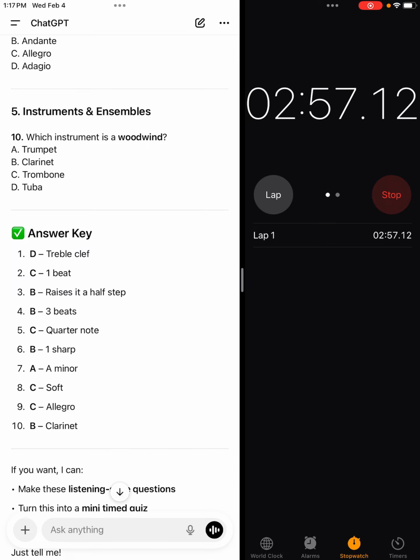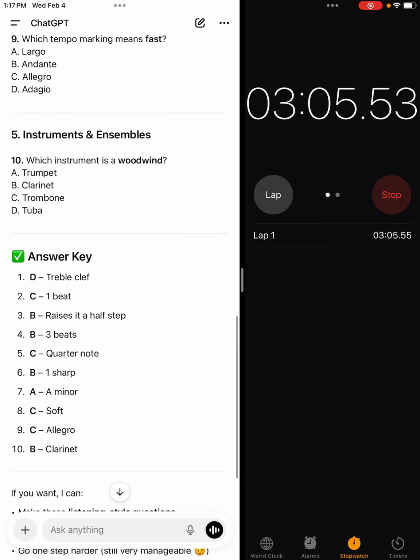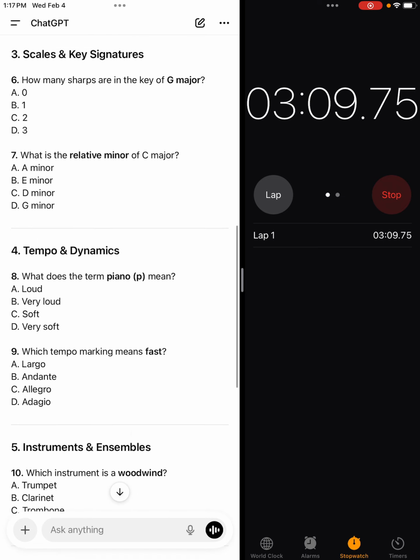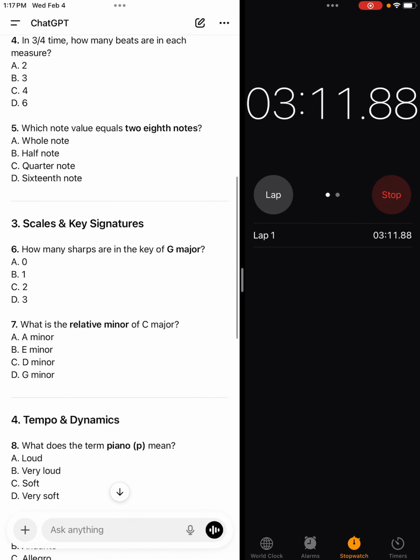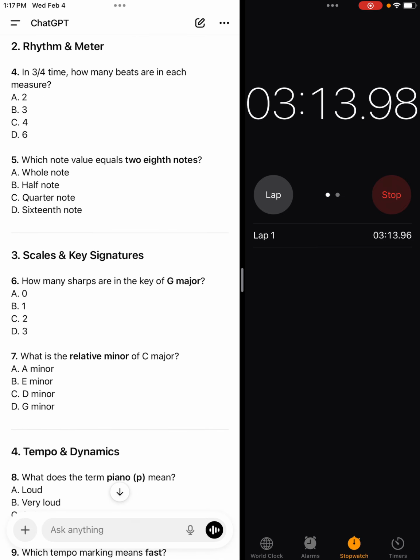Wait a minute. So what's the answer to number 5, two eighth notes? Okay, I get why I got that wrong.